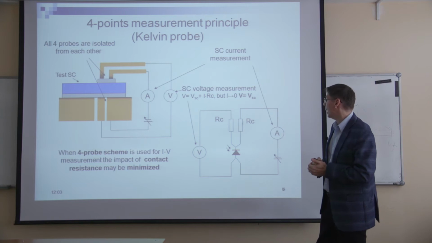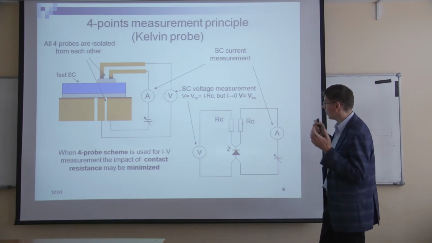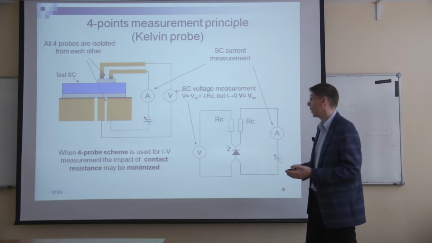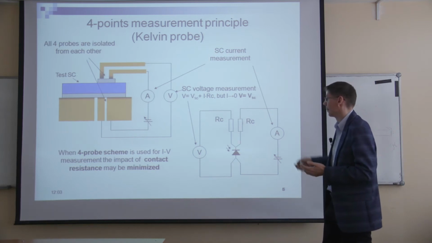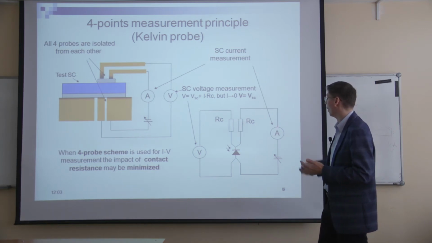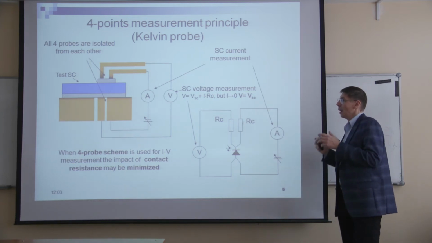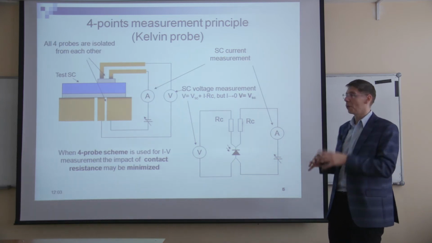And here in the current circuit you have a series connection, and the current is always the same for your ampere meter and the solar cell. So it's a nice way to avoid any problem with the contact resistance.